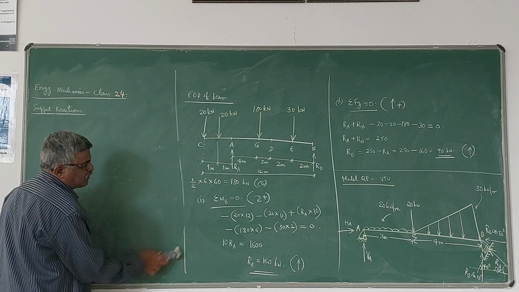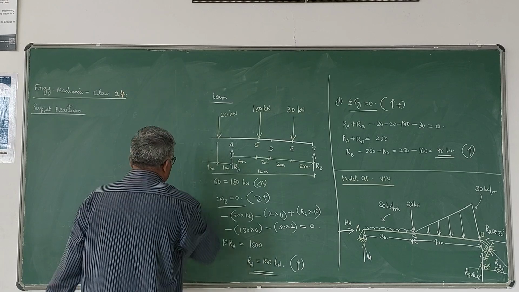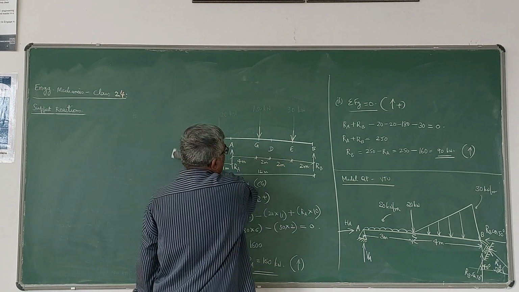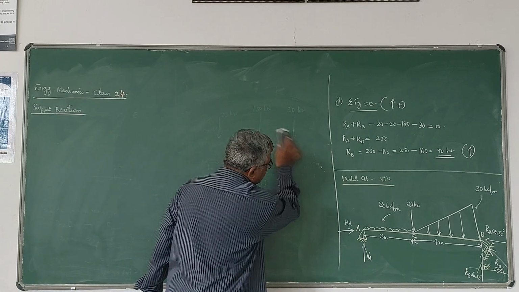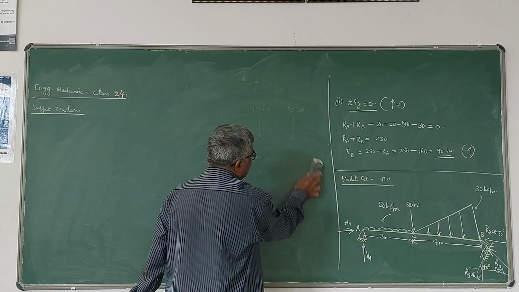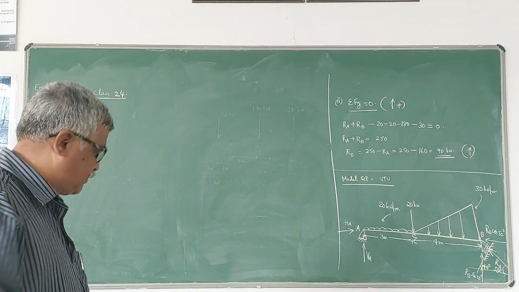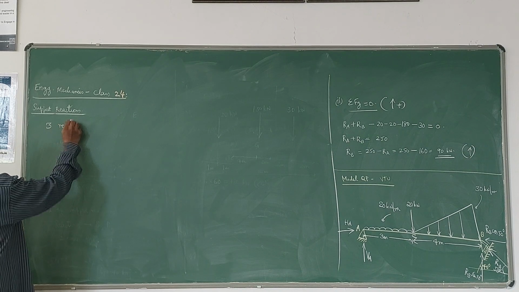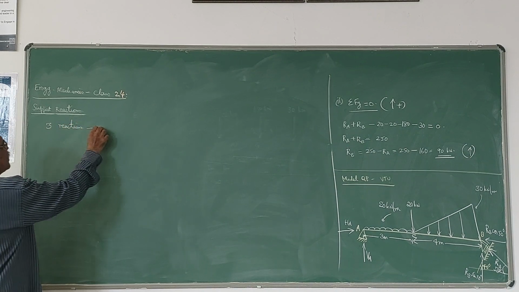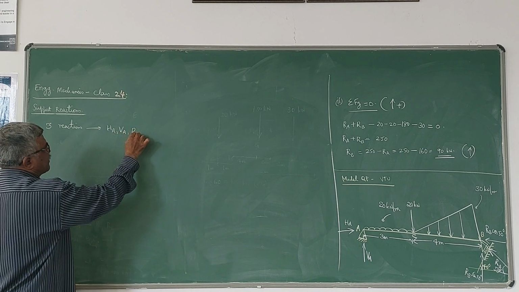Now we will have to use all the 3 equations once again, because there is a horizontal component also for the reaction at the hinge end. So you have to use all the 3 equilibrium equations. There are 3 reactions in this case, the reactions being HA, VA and RB.